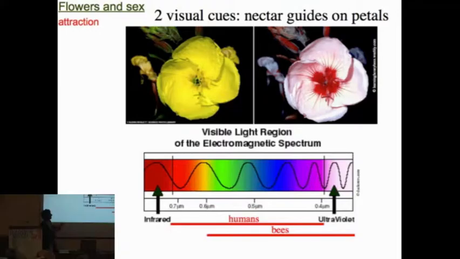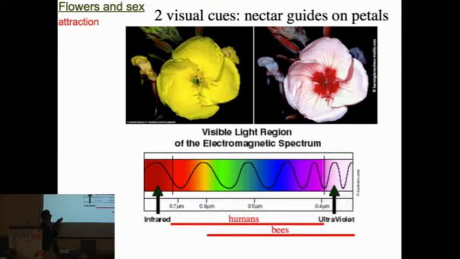And in fact, flowers have many different variations that you can only see in ultraviolet light. So in flowers you have special indicators, we call that nectar guides, that tell the bees where to find the reward in the flower. We can't see it, but the bees can see it.